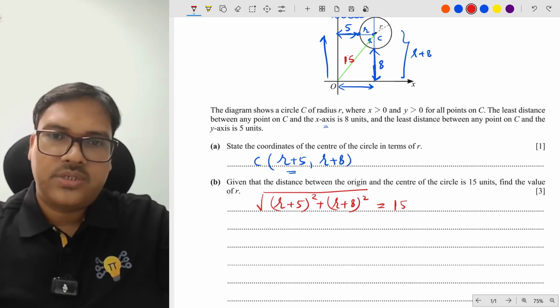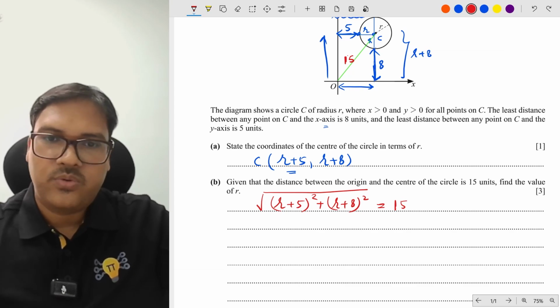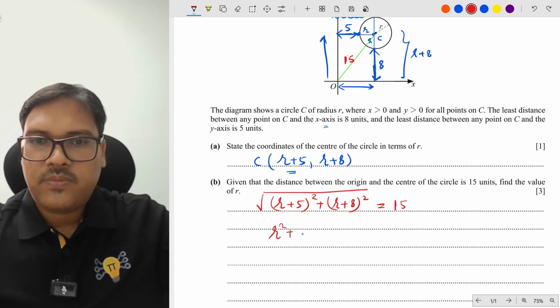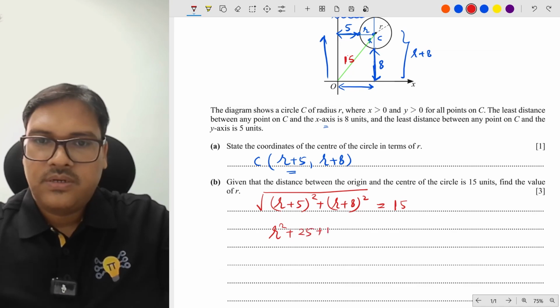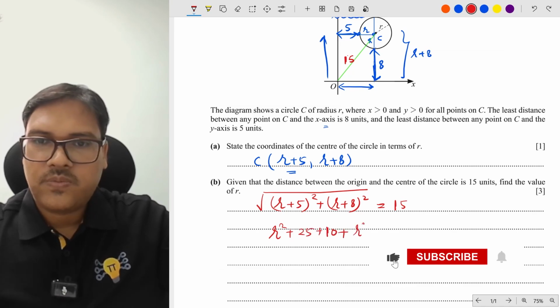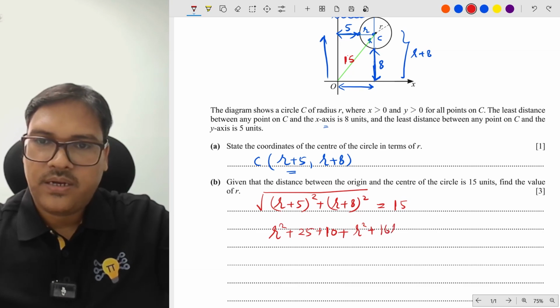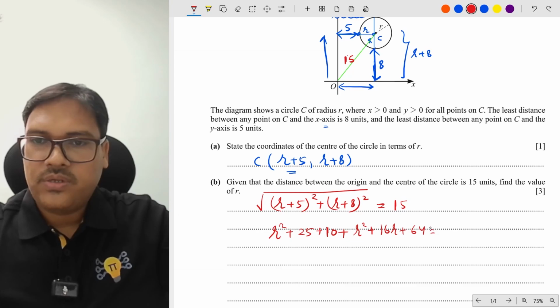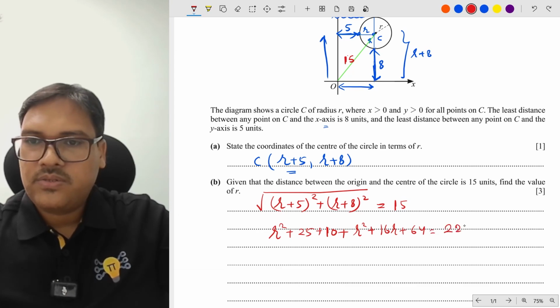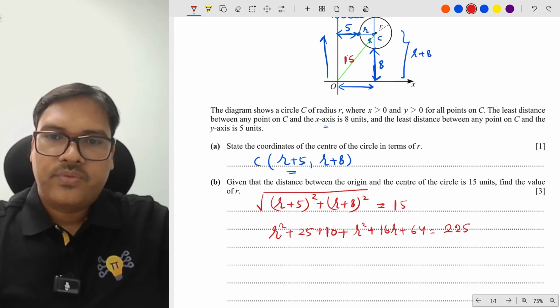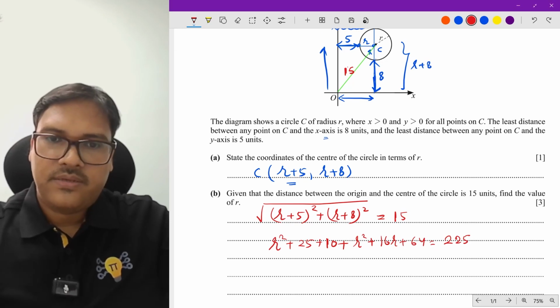Now you just have to solve this equation. If I square both sides, this is r square plus 25 plus 10r, plus r square plus 16r plus 64, using the (a plus b) square identity, equal to 225.